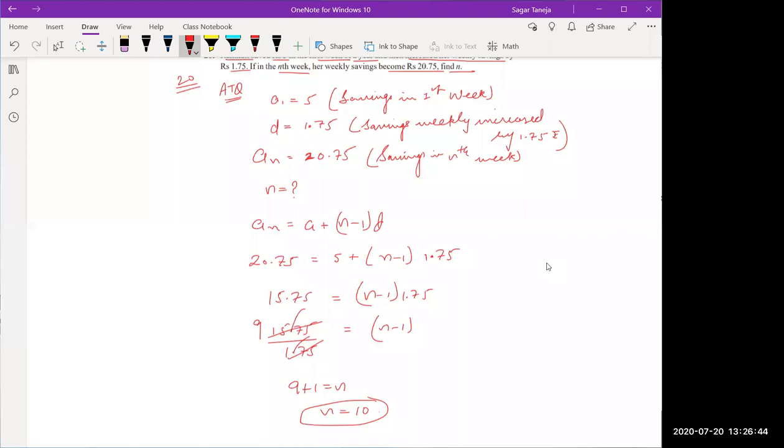Try the examples also, so that there should not be any confusion at all in these types of questions. Now, new topic, new concept.